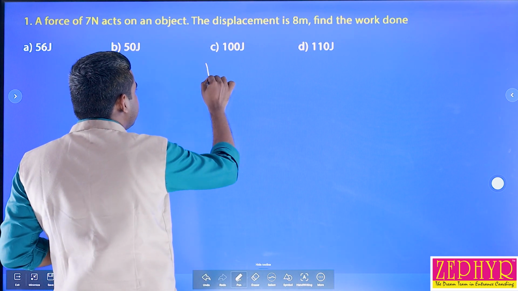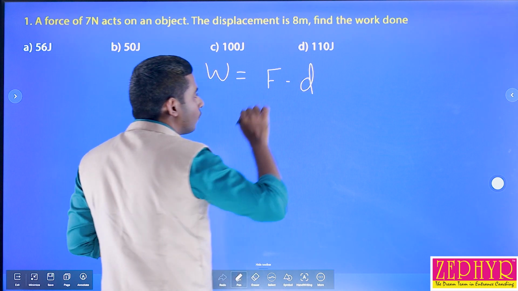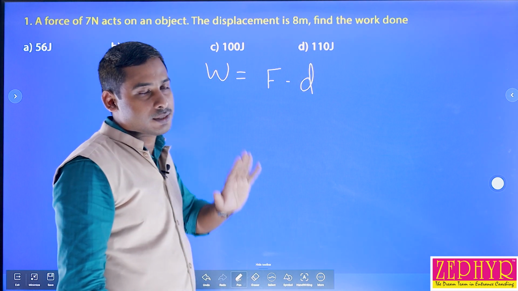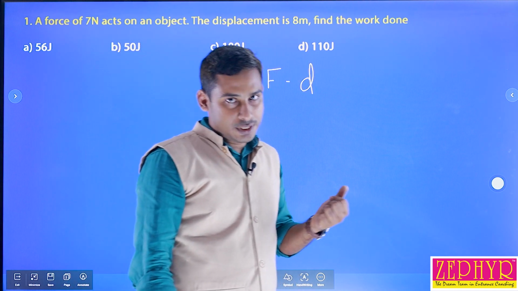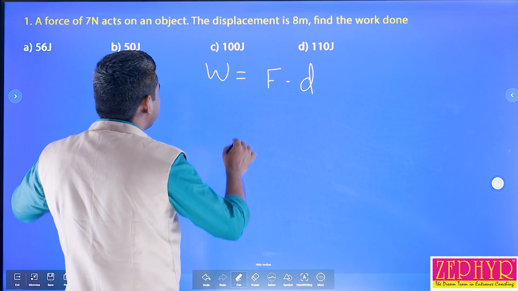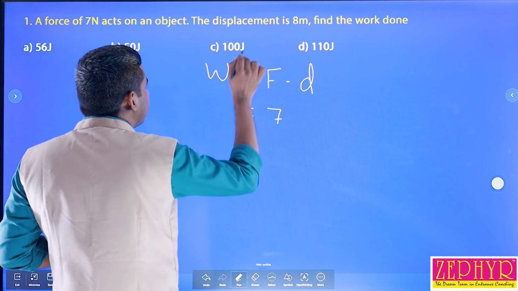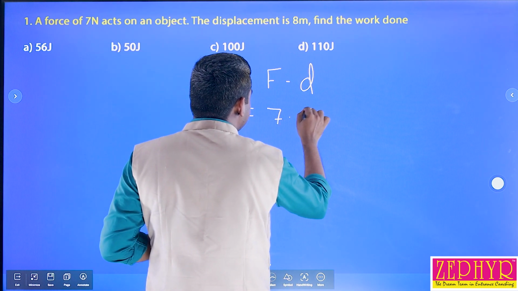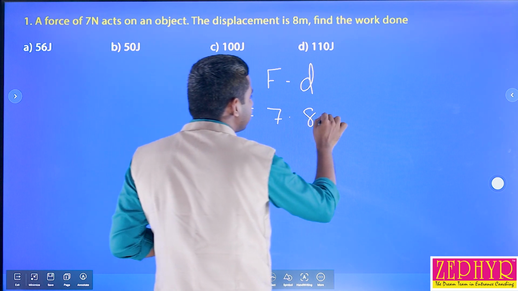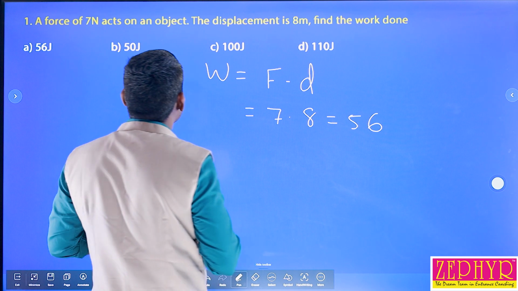The basic equation of work done is W equal to force into displacement. We take the force as 7 Newton and the displacement as 8 meter. So 7 8s are 56.